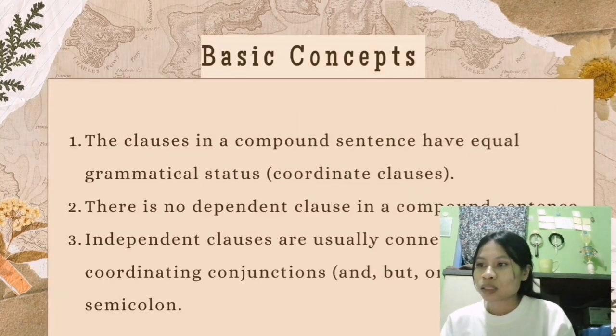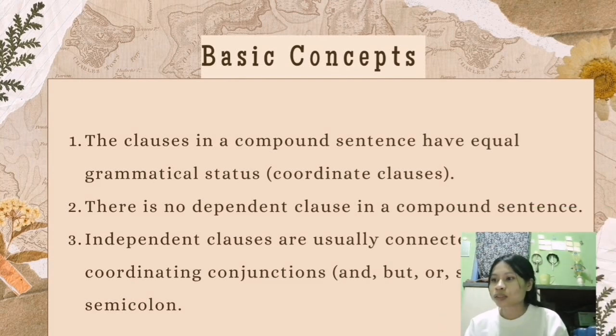Basic concept. The first one is that the clauses in a compound sentence have equal grammatical status. There is no dependent clause in a compound sentence. The last one is that independent clauses are usually connected by coordinating conjunctions like and, but, or, so, and so on.